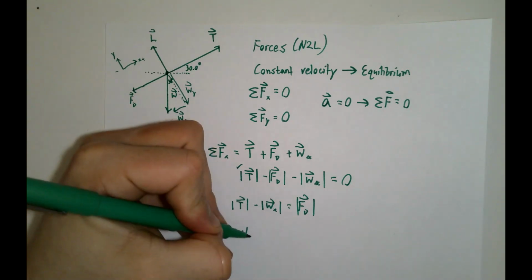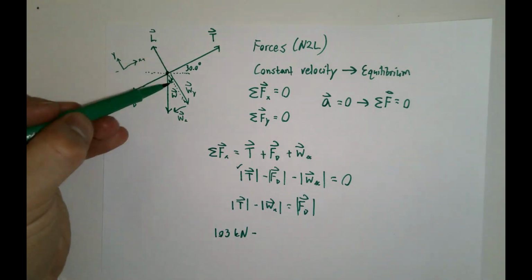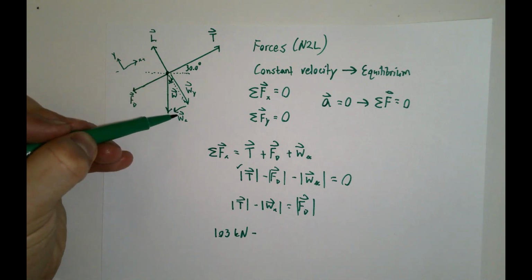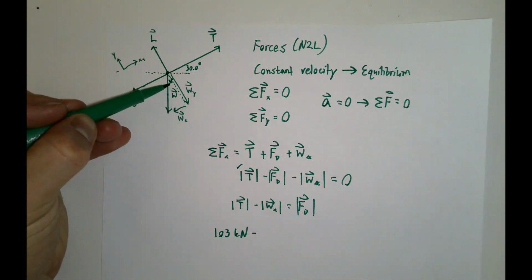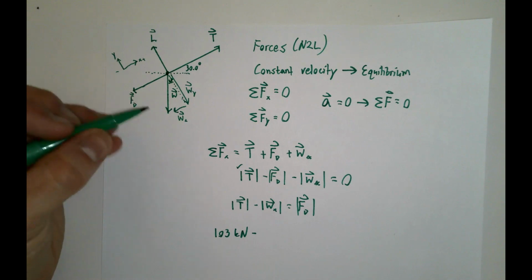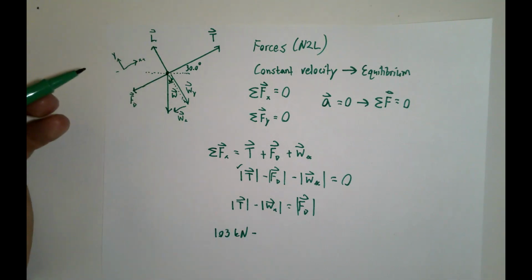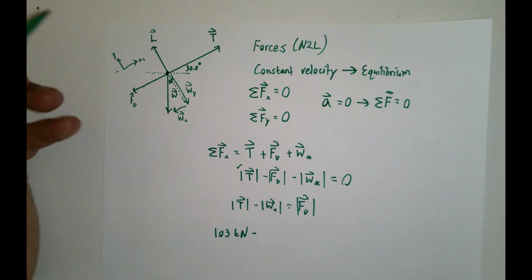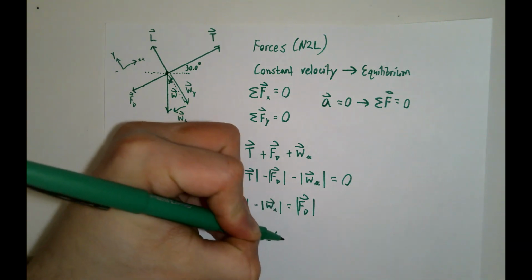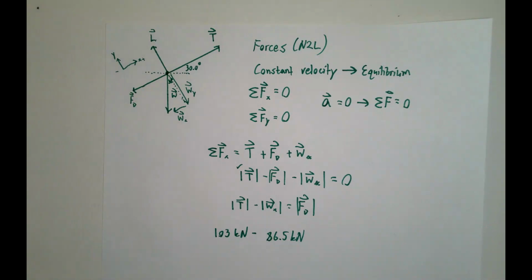Our weight in x, let's see, to get x, we're going to have to use sine here, right? Because that's the vector that's opposite of our angle of 30 degrees. So it should be the magnitude of our weight, our resultant weight, which is 86.5 kilonewtons. Do we remember what a kilonewton is?